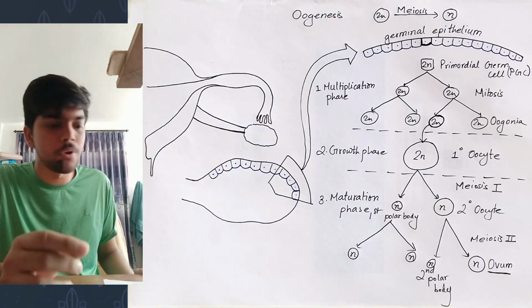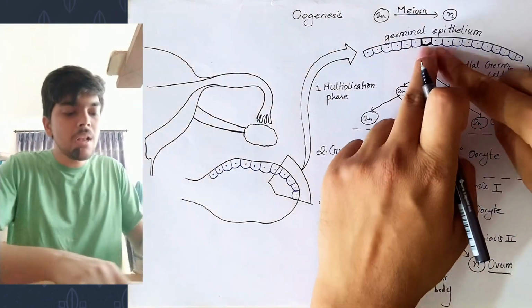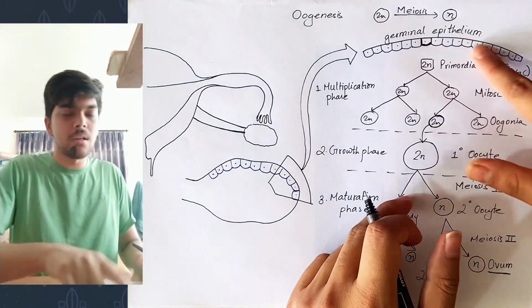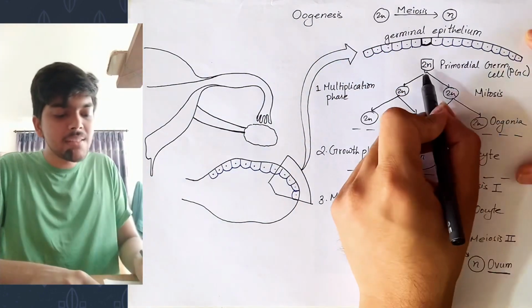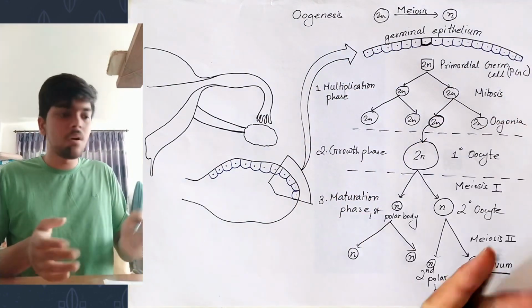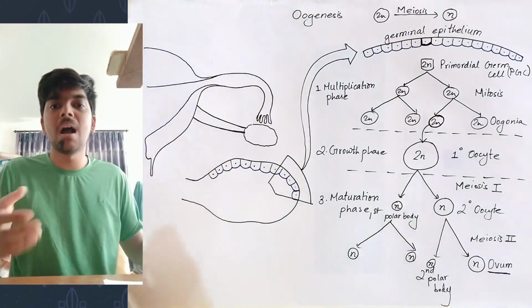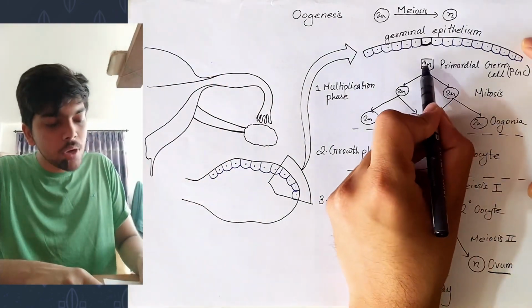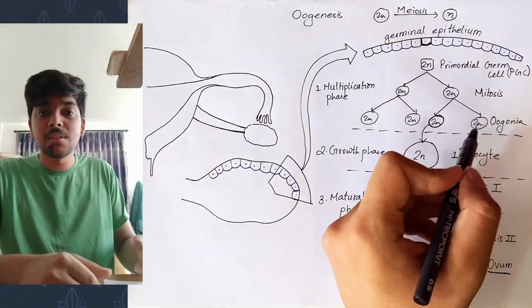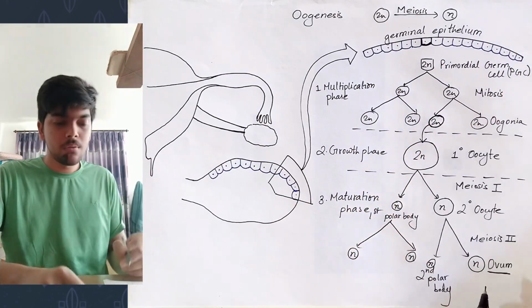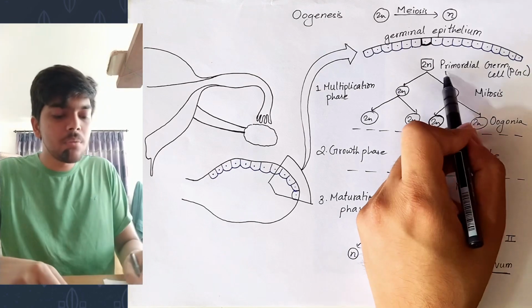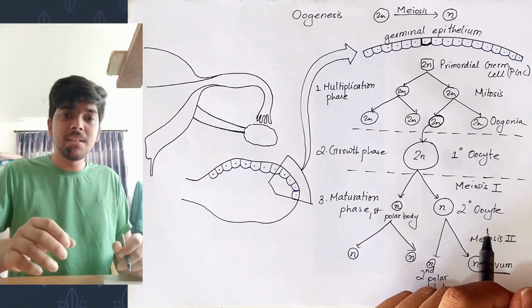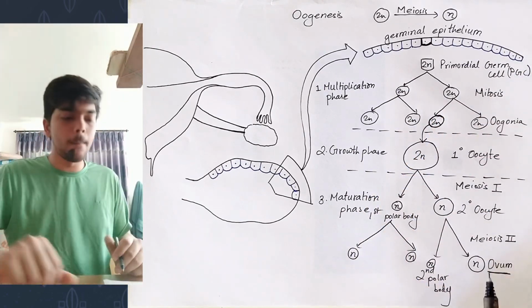Let me revise it for you. First, the germinal epithelium contains germ cells. Among the many germ cells, I took one germ cell. This germ cell is obviously diploid because all the structures in female body are diploid. So this diploid germ cell is called primordial germ cell. Why? It's called germ cell because it gives rise to gamete, and it's called primordial germ cell because it is present at the very beginning.